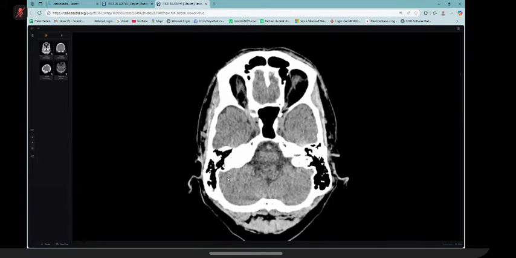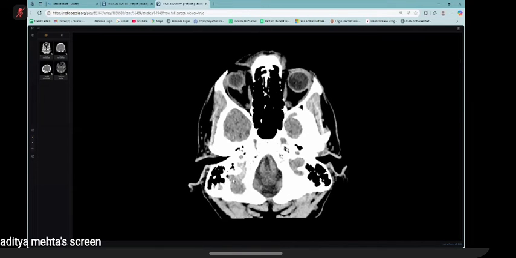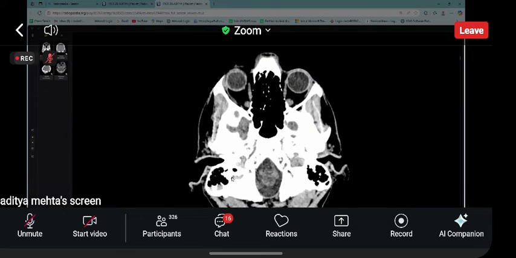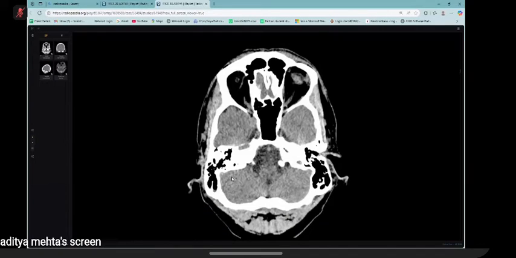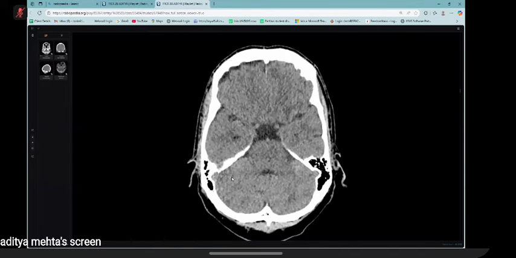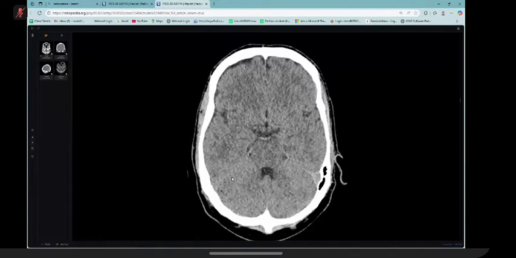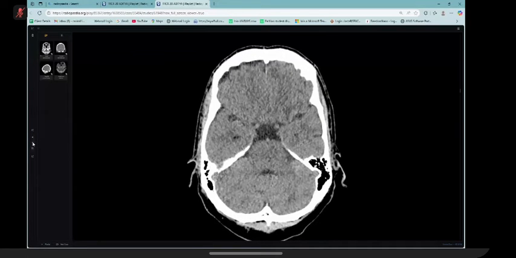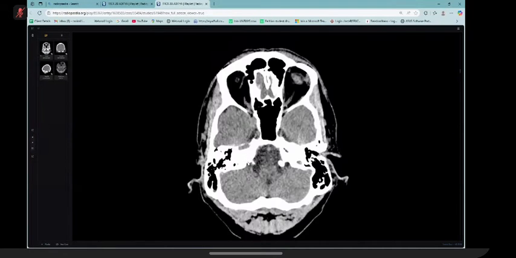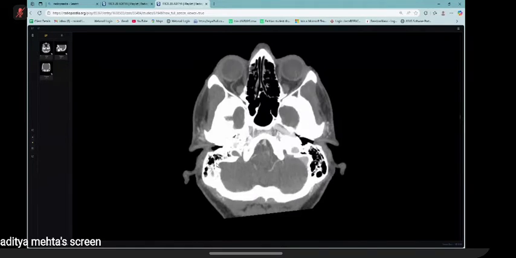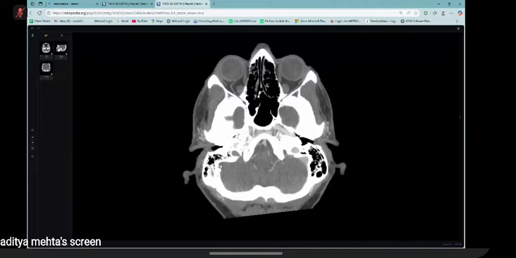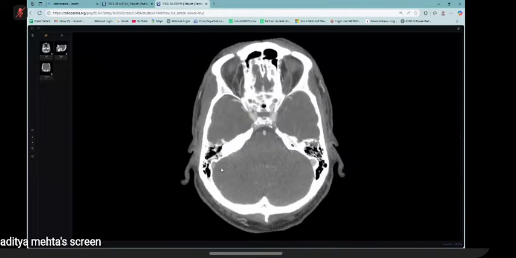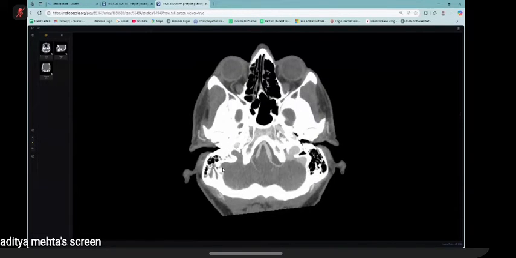This is not confirmed, but I would like to raise this concern and arrange a contrast CT venogram for this patient. Once you get the venogram, you can see there is nothing over here as compared to this, but here there is contrast. So that's the finding, and this is how you can approach.